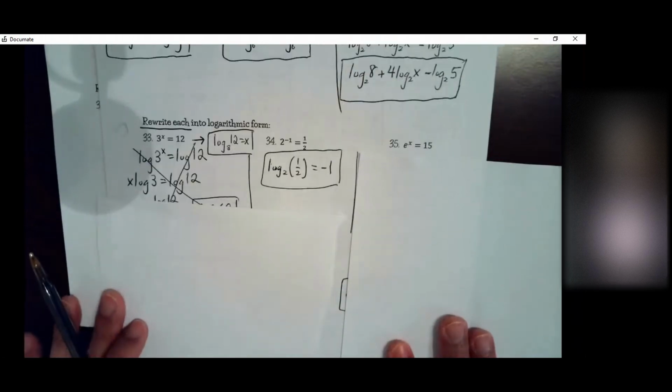Mm-hmm. Okay. ln e^15 equals x. Yeah, either form is fine. Okay. Oh, I got ln e^15 equals x.